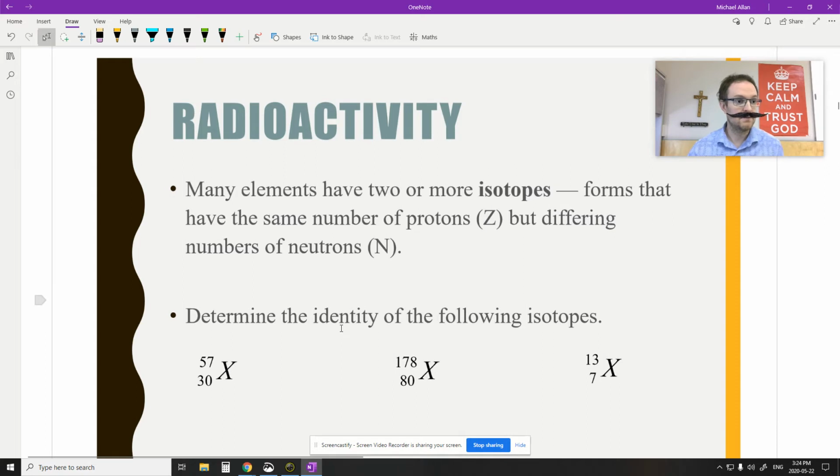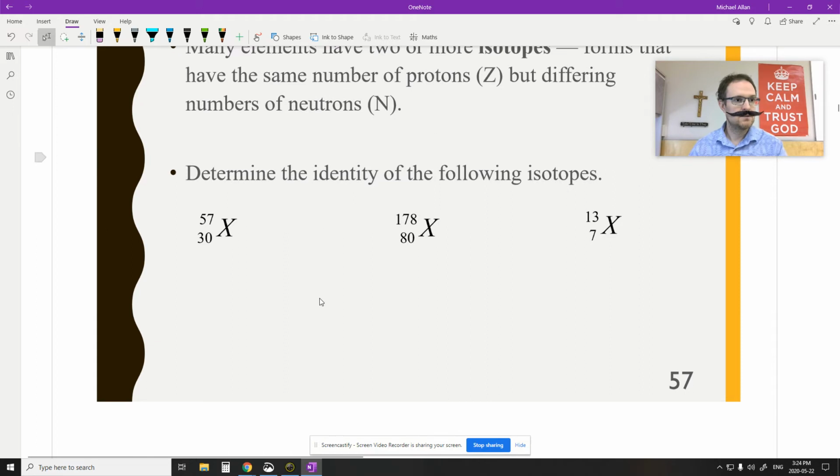Okay, so many of, like I was saying before, many isotopes or elements have isotopes. So long as they have the same number of protons, they're considered the same element, but they could have differing neutrons. So this isotope, right, has 57 nucleons in it, 30 protons. I'm just going to go here and just find out what it is. So I look up 30 on my periodic table. 30 on my periodic table is zinc.